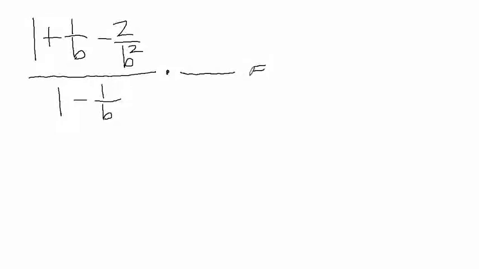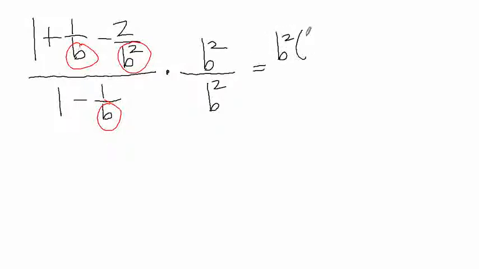And we also now know that we want the fraction that we're going to multiply by to contain the least common denominator on top and bottom. So what are the denominators here? Well, we have b and b squared. The least common denominator of all of those denominators is b squared. Therefore, I'm going to multiply by b squared over b squared. So let me write out that, and then we will do the distribution.